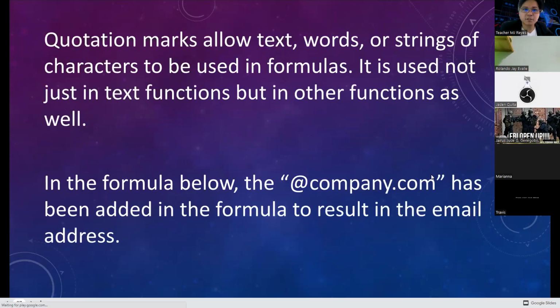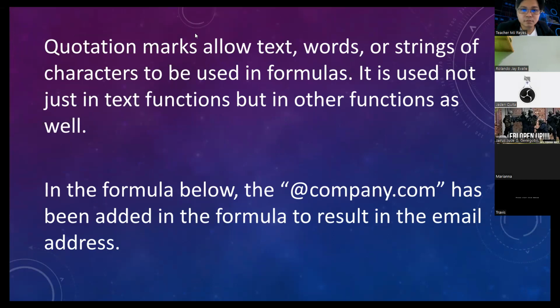So what will be the result? Quotation marks allow text or words or strings. Yes, it looks like coordinates, correct. But the quotation marks will allow text or words or spacing or strings of characters to be used in the formula.